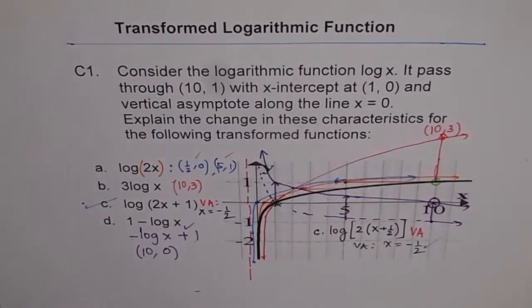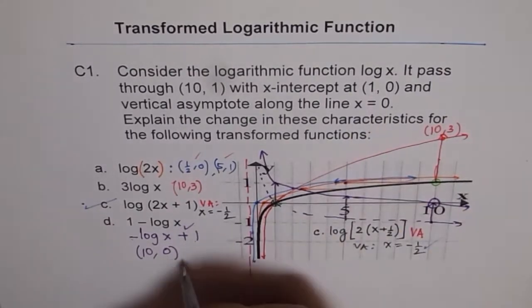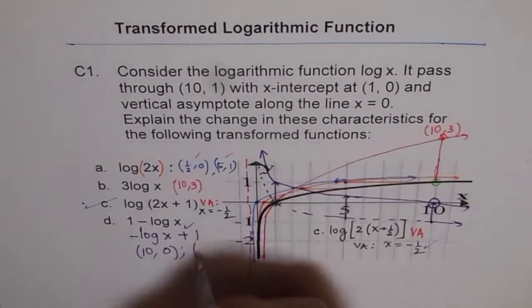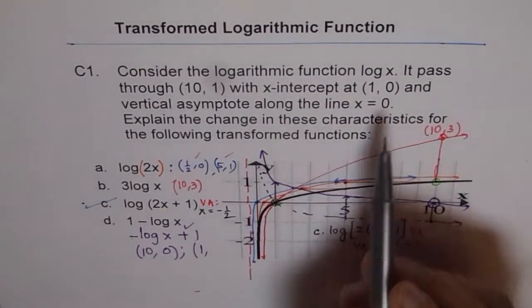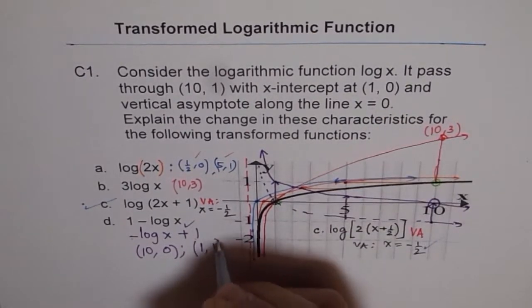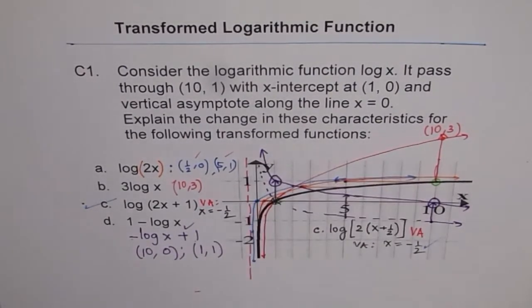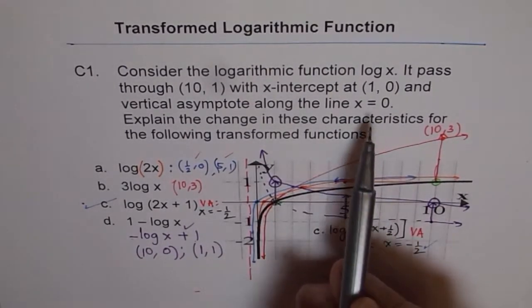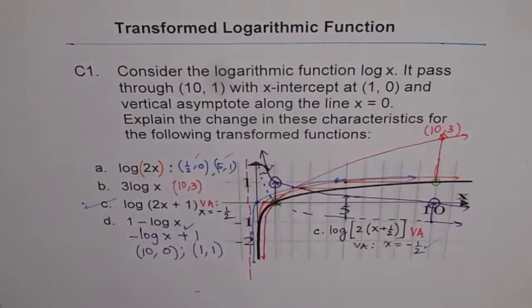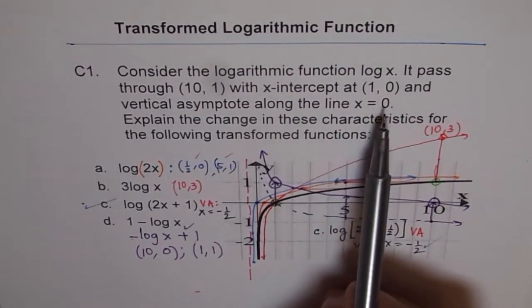Do you see that? Now the x-intercept, which was at 1, 0, will be at x equals 1 instead. What will happen is 0 plus 1 gives you 1, and so that point moves to 1, 1. So that is this point. Do you see that? So that is how these points are going to shift. Nothing changes as far as the vertical asymptote is concerned.